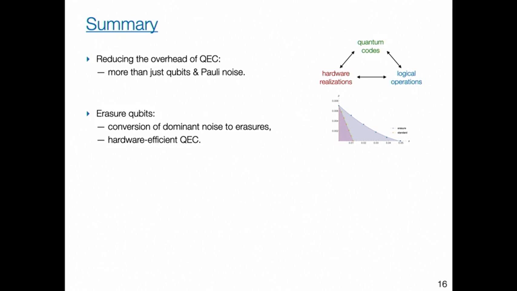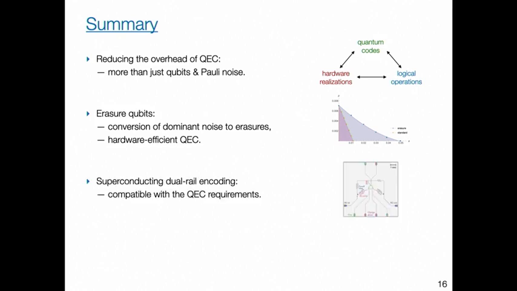And again, erasure qubits, as you know, is this simple idea: let's convert quantum noise into erasure noise, that is fairly classical and therefore easier to correct. It seems that those ideas are good ideas to realize hardware efficient quantum error correction. And as I showed to you, with superconducting dual rail encoding, we may be able to fairly straightforwardly realize those ideas. And with that, I would like to thank you.